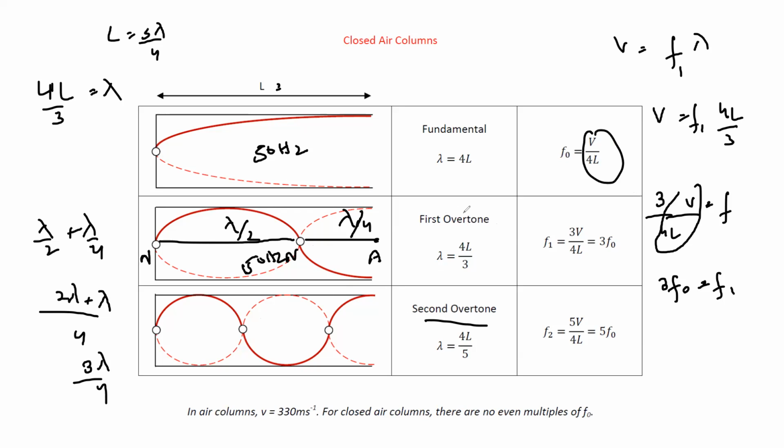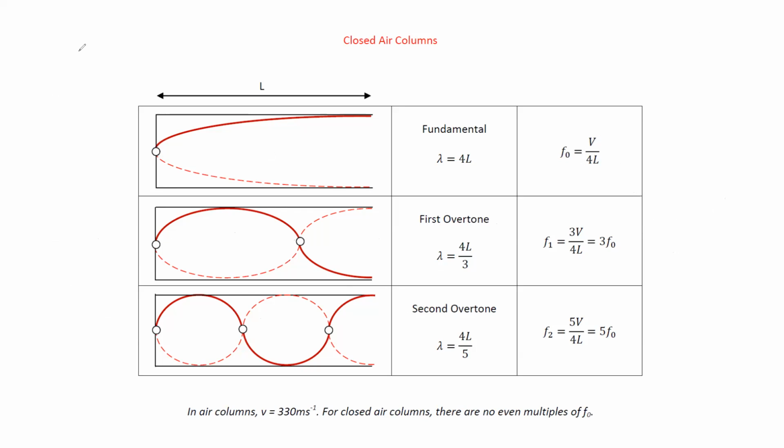So it increases by odd-number multiples. For the first harmonic it is F0, for the second harmonic it is 3F0, for the third harmonic 5F0, for the fourth harmonic 7F0, for the fifth harmonic 9F0.